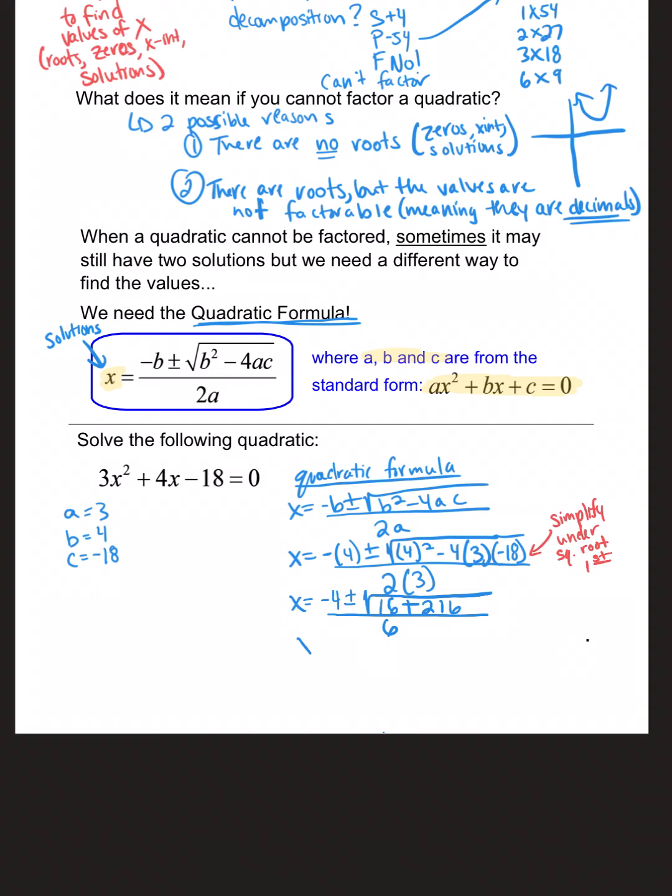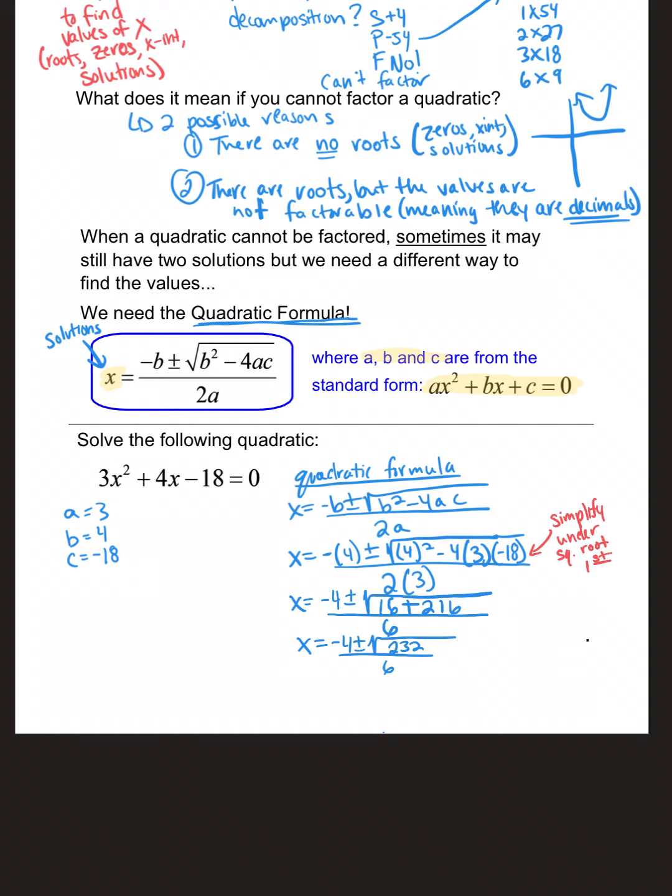Okay, so from there, I'll continue to simplify. So we'll have negative 4 plus or minus the square root. 16 plus 216 is 232 over 6. Okay, so once we've simplified as much as we can, this is where we're going to split into our two equations like we've seen in the past.